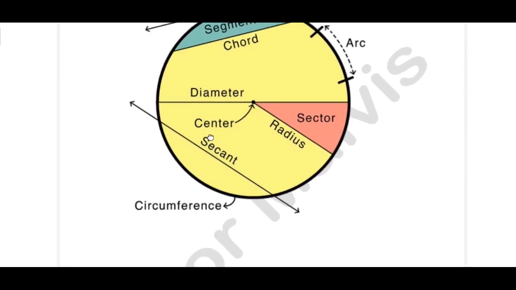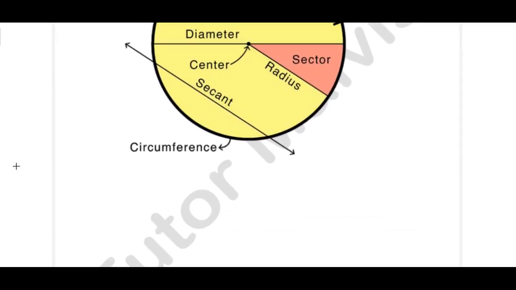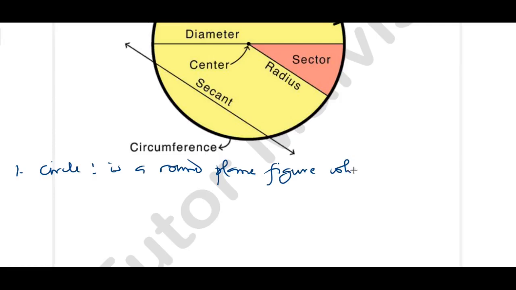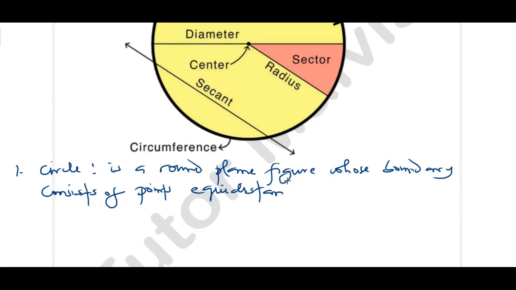Alright, let's start taking notes. The first thing we said was a circle is a round plane figure whose boundary consists of points equidistant from a fixed point.